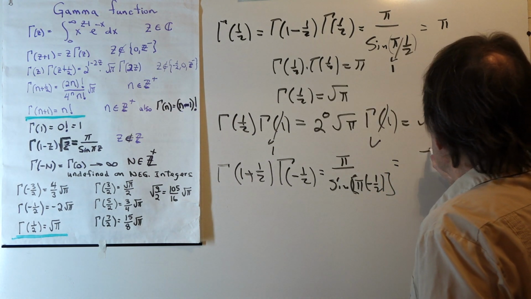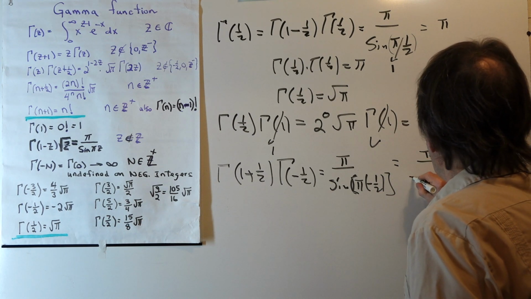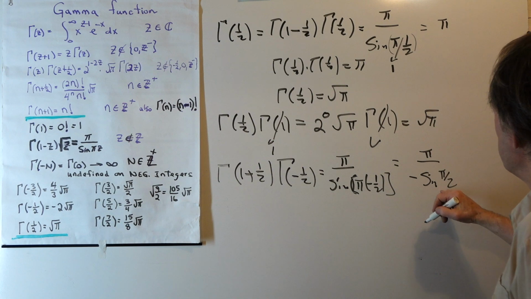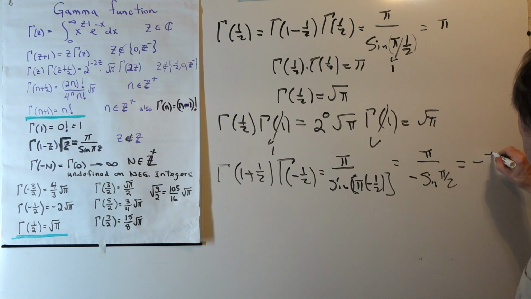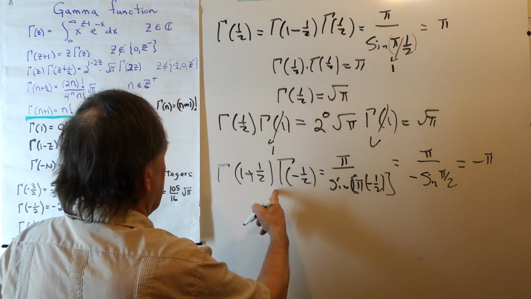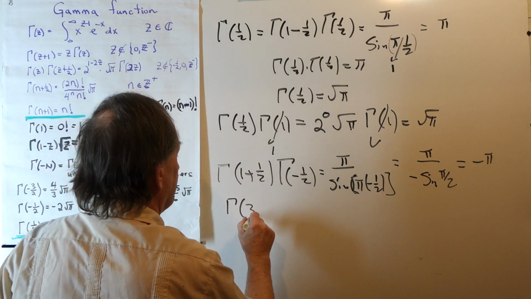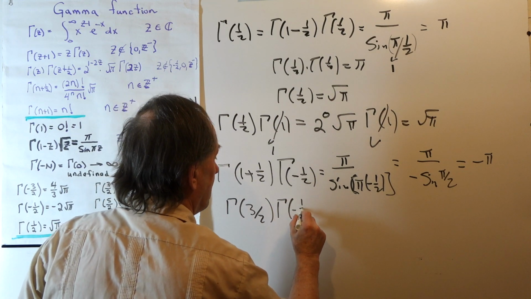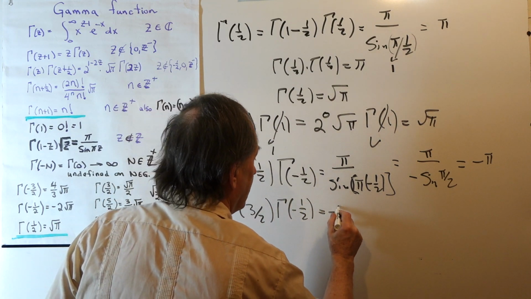So this becomes pi over minus sine pi over 2. Sine of pi over 2 is equal to 1, so this becomes minus pi. And we have gamma of 3/2 times gamma of minus 1/2 is equal to minus pi.